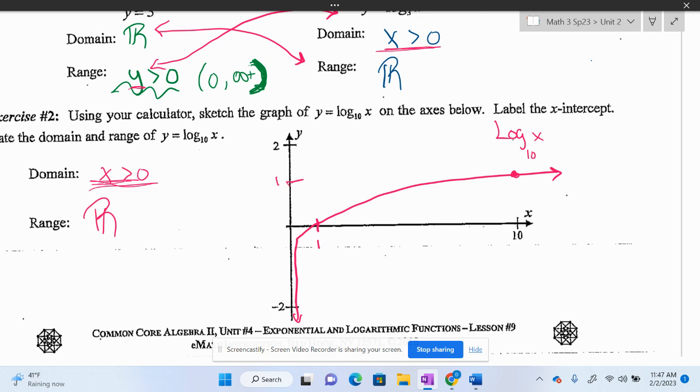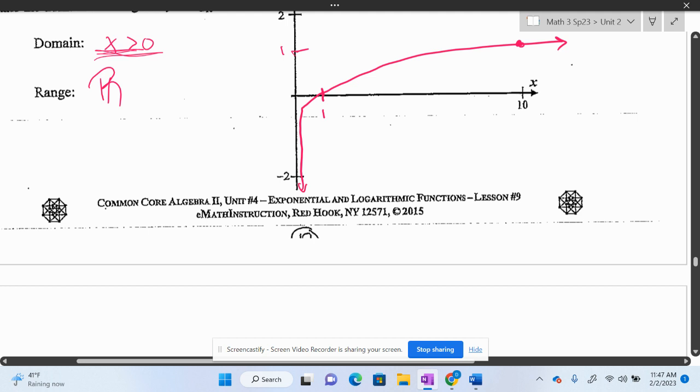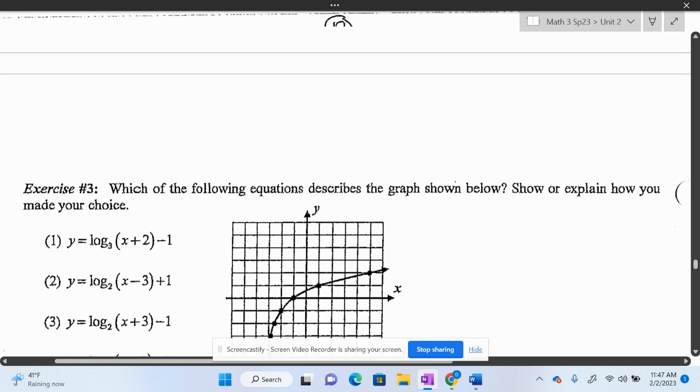Okay. So that's true for all basic log functions. Now, as soon as we turn the page, we're going to do some shifting. Think back to your parent functions, how those rules affect what we do inside of a function.